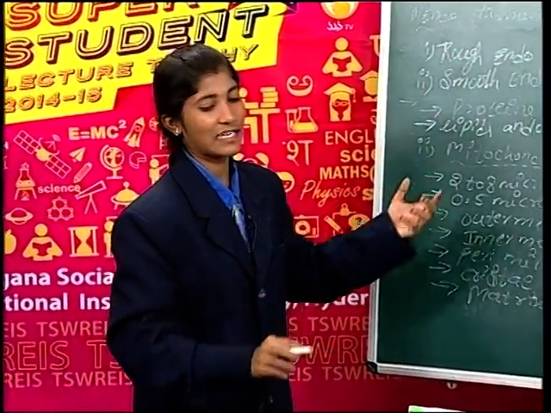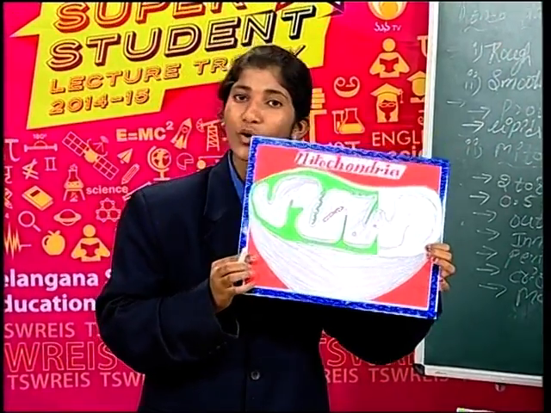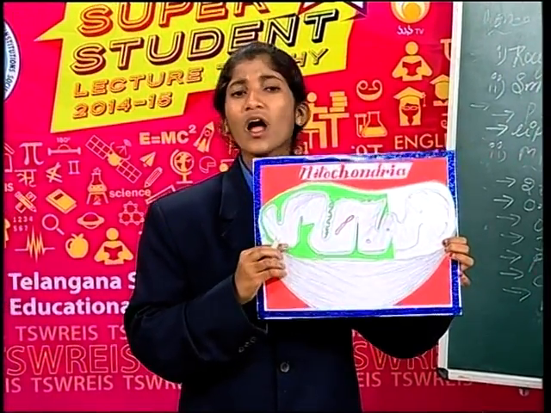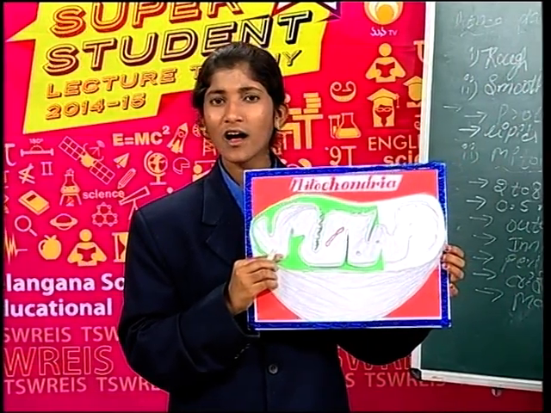Cells are responsible for producing energy in our body. In cells, which cell organelle is responsible for producing energy? What is it? Mitochondria. Mitochondria are able to produce energy. Do you understand clearly now what the function of mitochondria is?